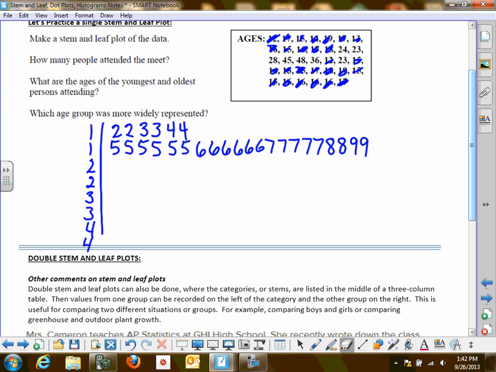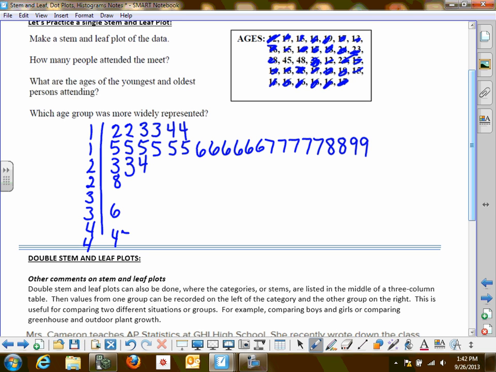Alright, next, let's finish it out. Okay, where are you going to put that 36? On the second 3, there are no 30s to 34s and no 40s to 44s.